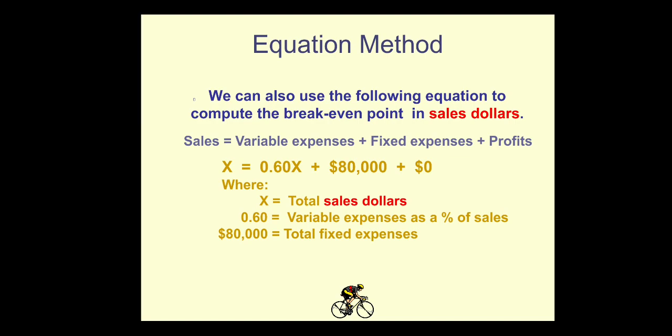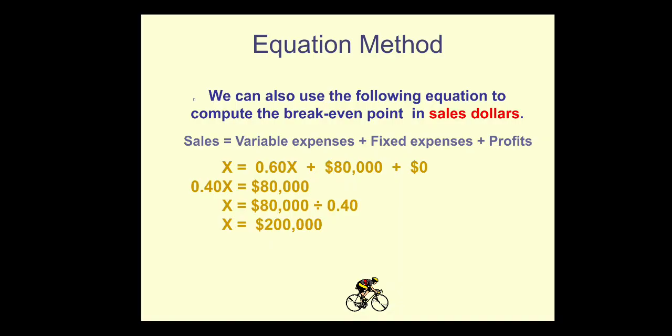The price of the bike is $500. So 400 units of bicycle at break-even point times $500 price per unit, you will get the break-even point in terms of dollar is $200,000.